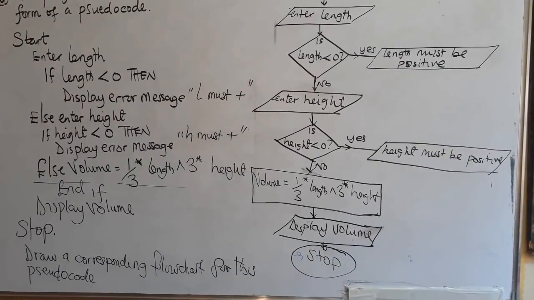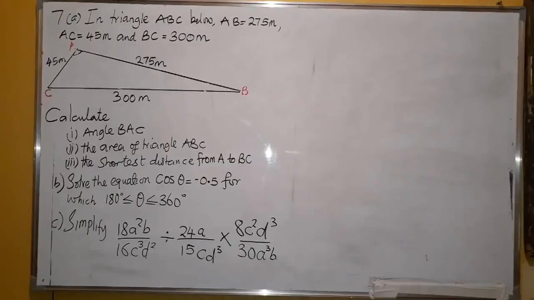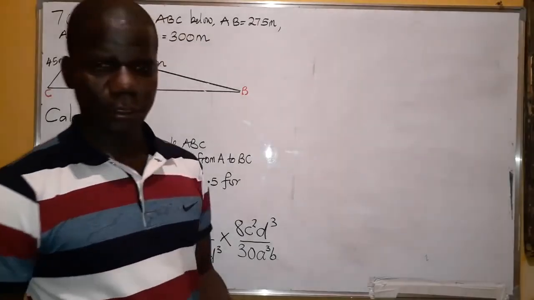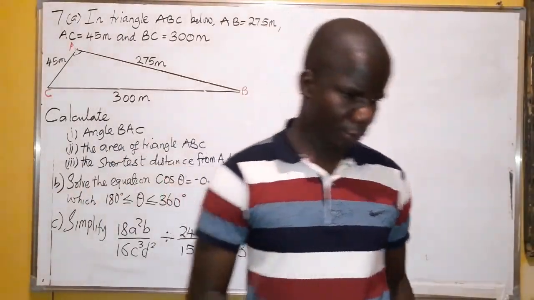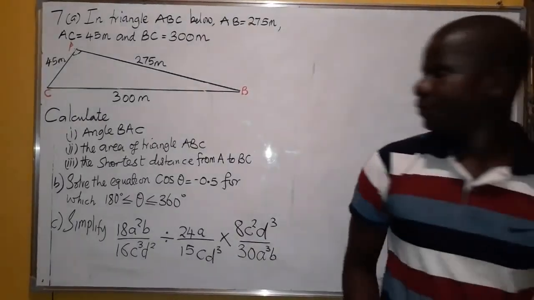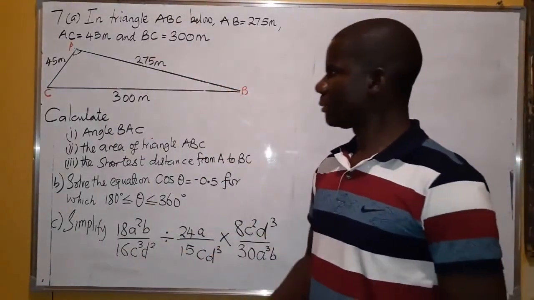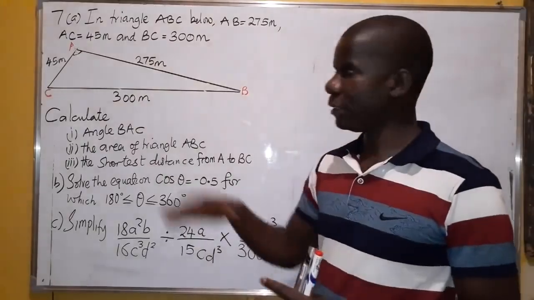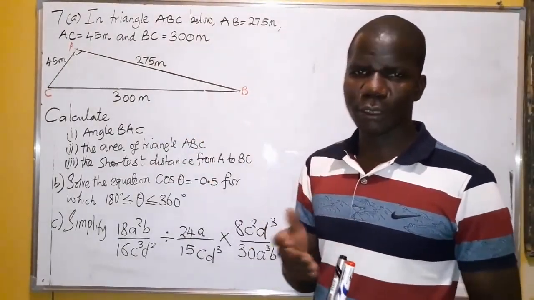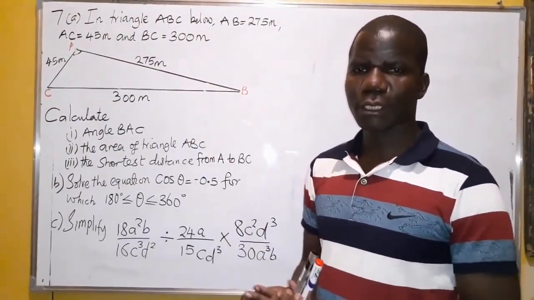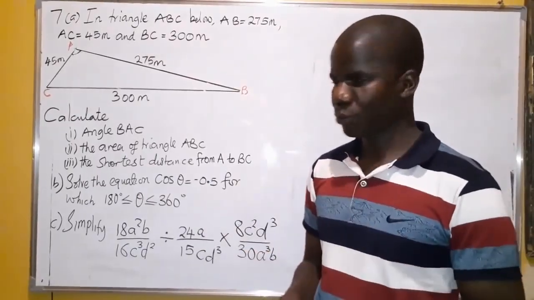Okay, so let's go to the next question, which is question 7. I hope you're following. How do we solve this question? That's very important. You read the question and see this is trigonometry. Mostly in paper 2, we expect a question on either cosine rule or sine rule.